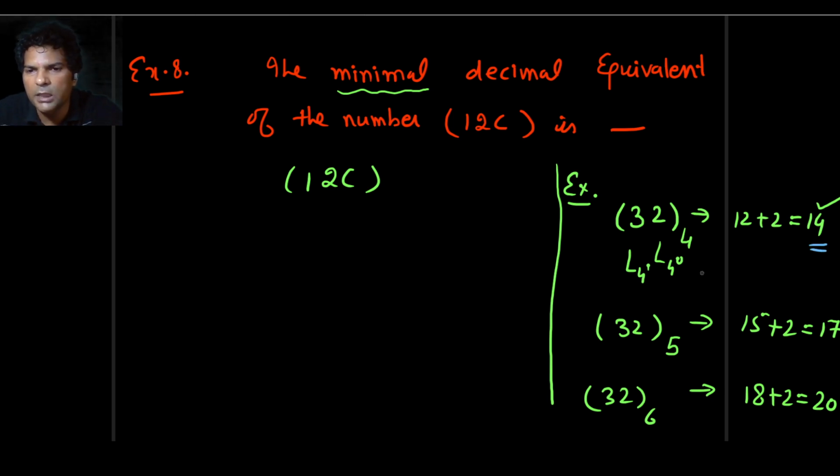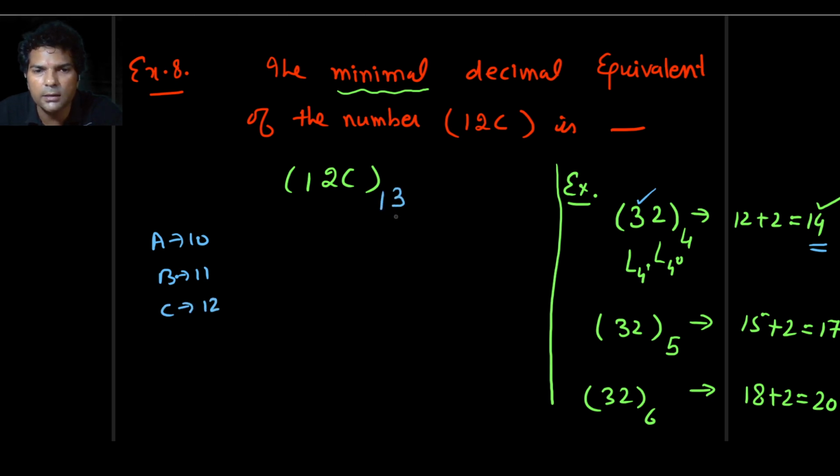How do we know the minimal decimal value? The base just needs to be greater than the maximum digit. Here the digits are 1, 2 and C, and C is what? A is equivalent to 10, B is 11, and C is 12. So the base is 13.